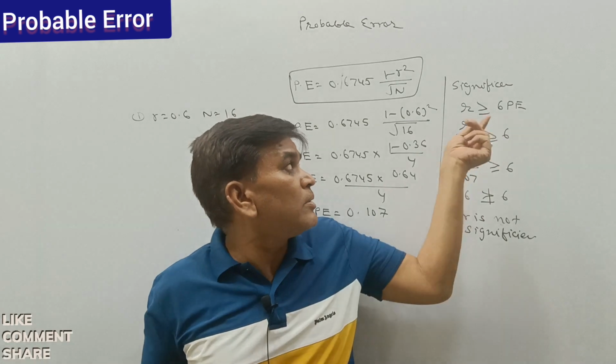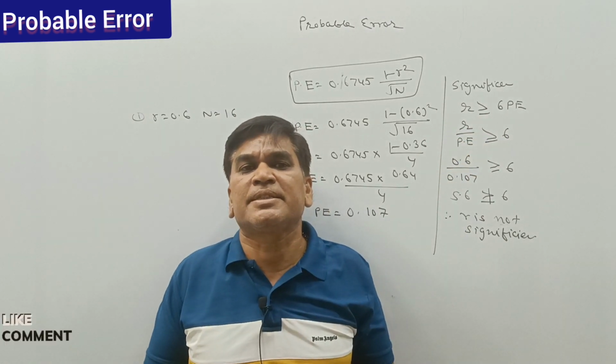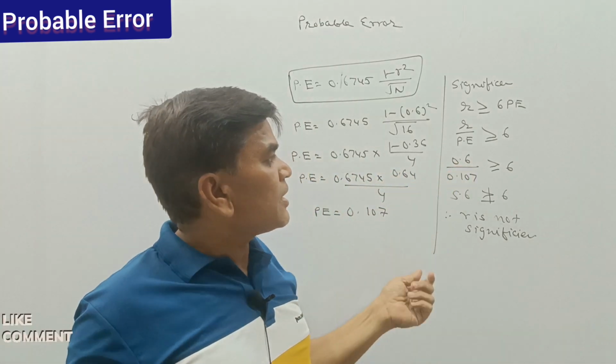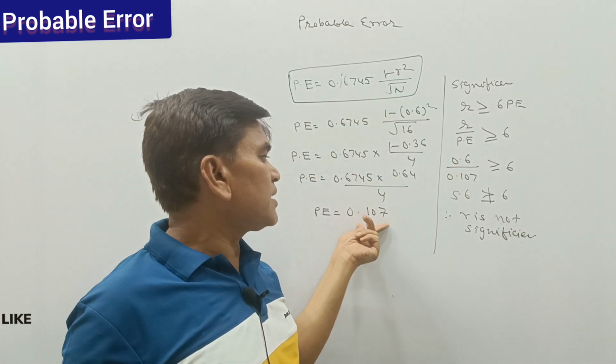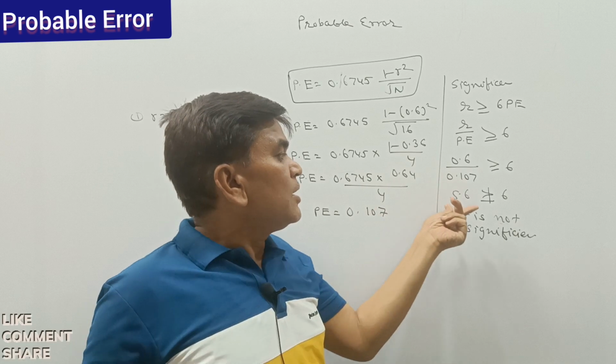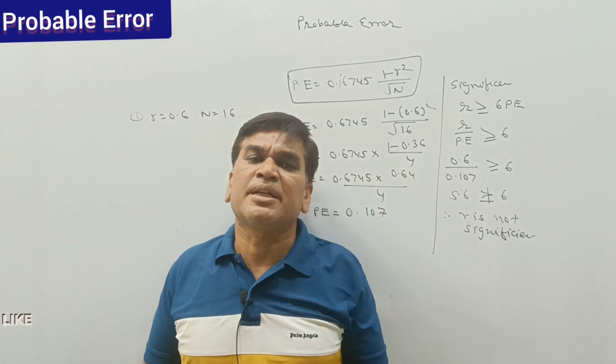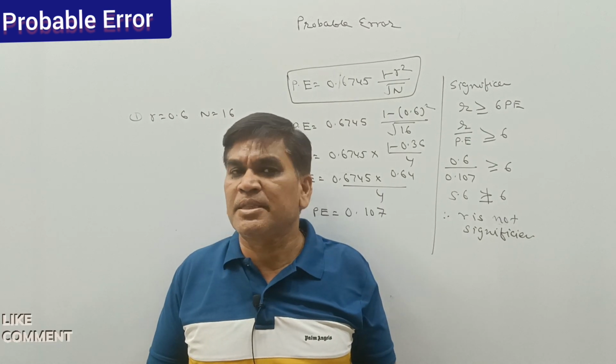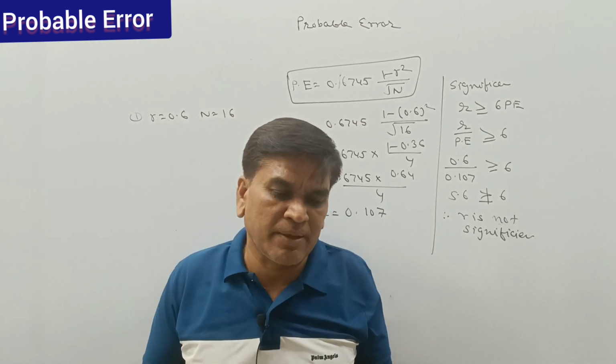Putting in 0.6 as the correlation and 0.107 as the probable error, we get 5.6, which is not greater than 6. So in this case the correlation value is not significant.